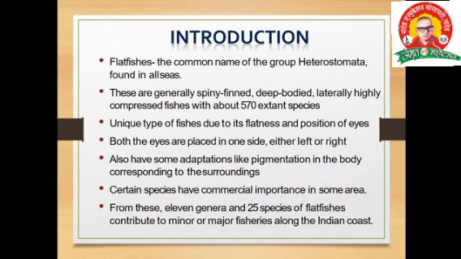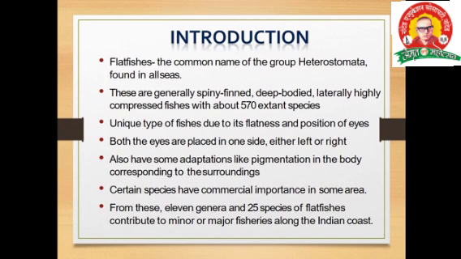Different functions and different structures of the body are found in the flatfish or the sole fish, due to its flatness and the position of the eyes. Both eyes are placed on one side, either left or right. It is the important feature of this fish.